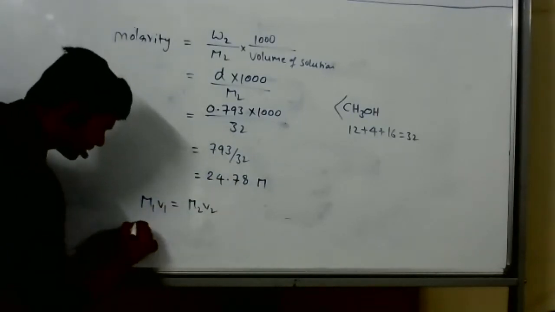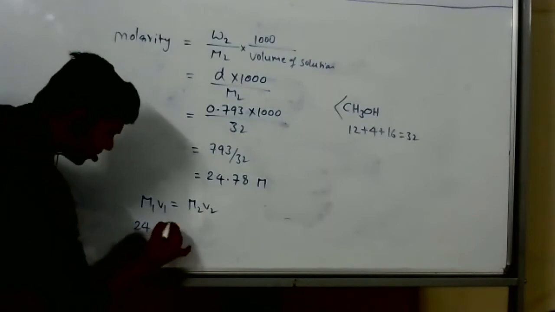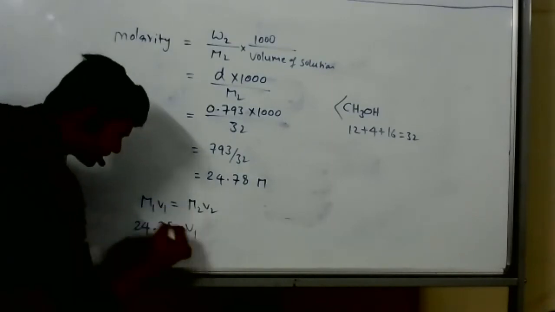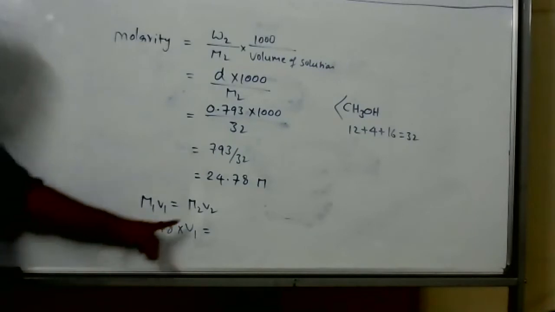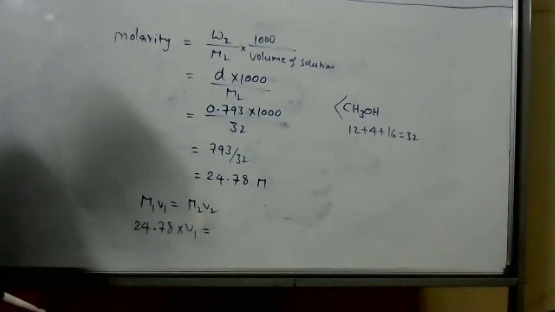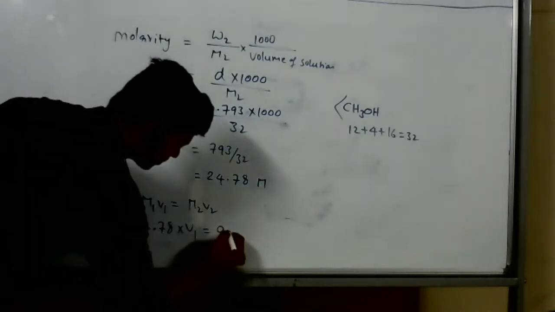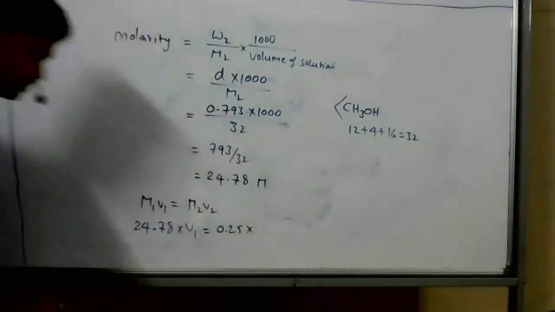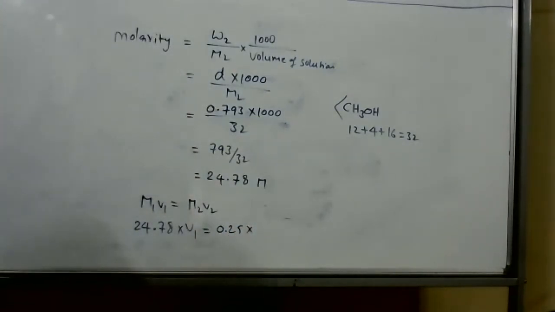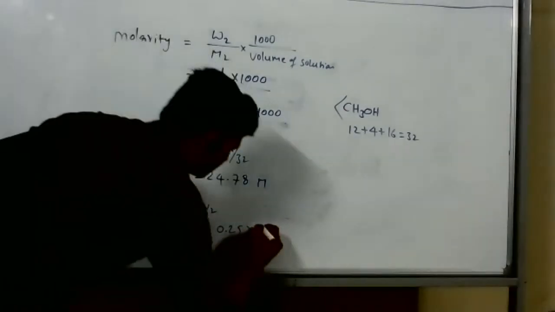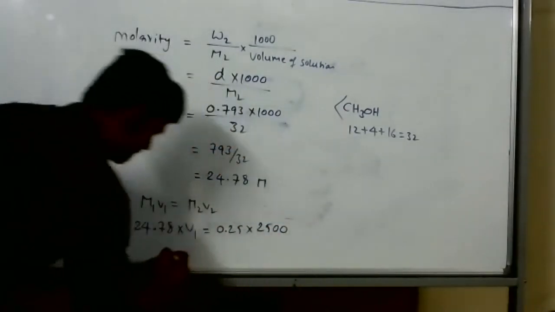So M1 is 24.78. V1 we have to calculate, how much volume is required at this concentration. M2 is 0.25, and the volume of that solution we require is 2.5 liter, so it means 2500 ml. Then calculate V1 here.